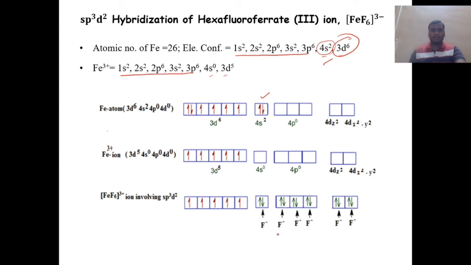These fluorine atoms are weak ligands, so they will not provide the sufficient energy for the pairing up, and so in this complex sp3d2 hybridization takes place, and we will get 5 unpaired electrons.